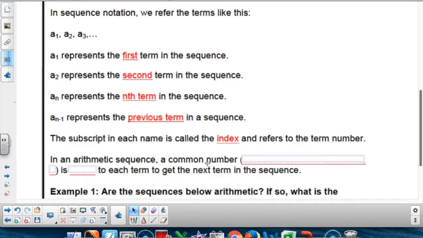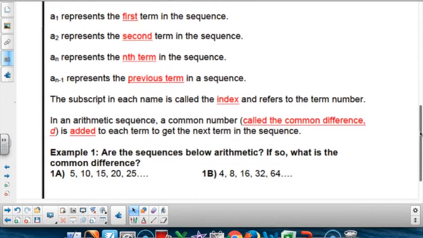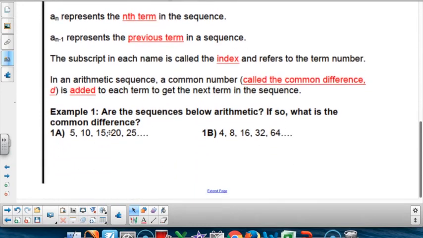So in an arithmetic sequence, there's some common number that we refer to as the common difference, and we use the variable d to represent that for difference. This common difference is added to each term to get to the next term in the sequence. So let me show you what I'm talking about here. We have a sequence of numbers that are in a pattern. They're in a specific order.